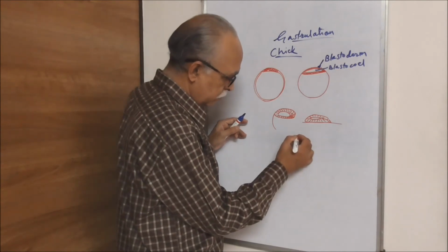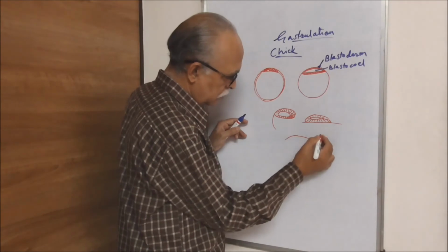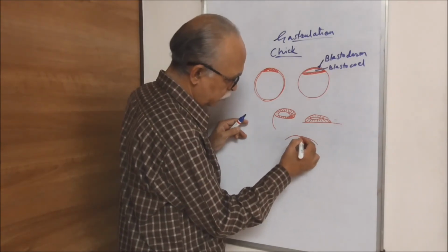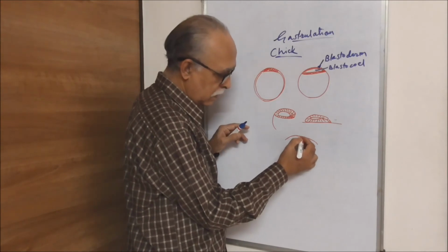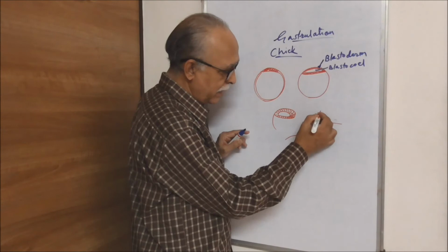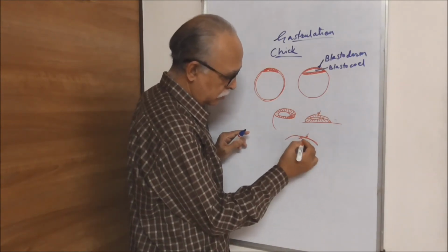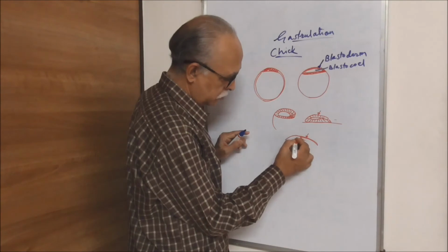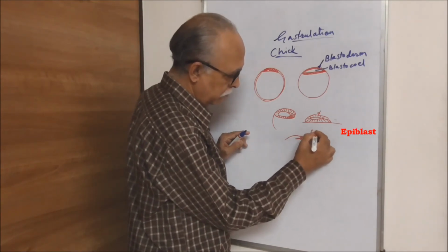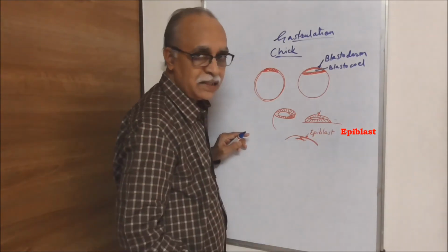Finally, this thing continues here. So involution would be in this region. Another involution would start from here. So this outer layer would become the epiblast.